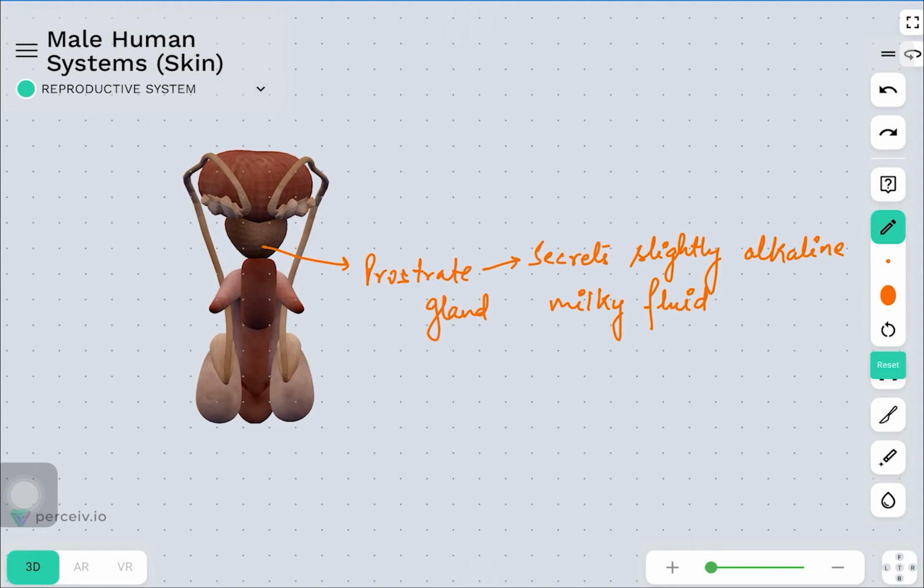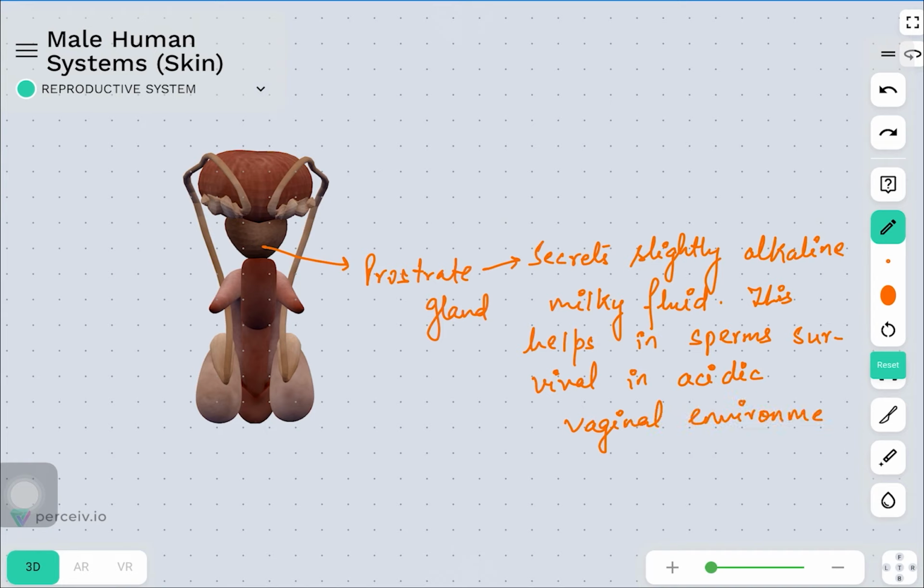And this slightly alkaline milky fluid helps in the survival of sperms in the acidic vaginal environment.